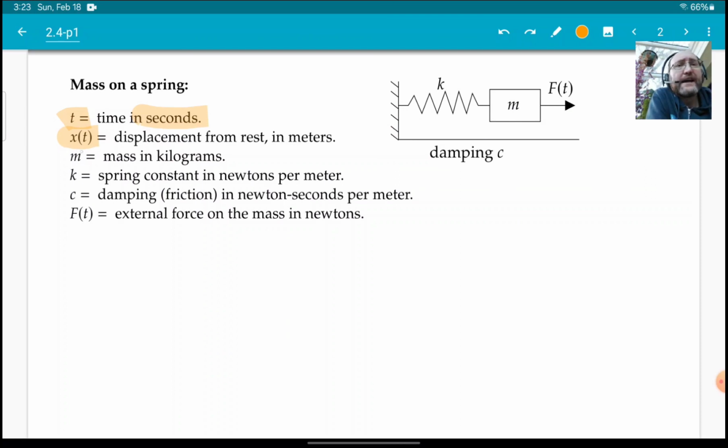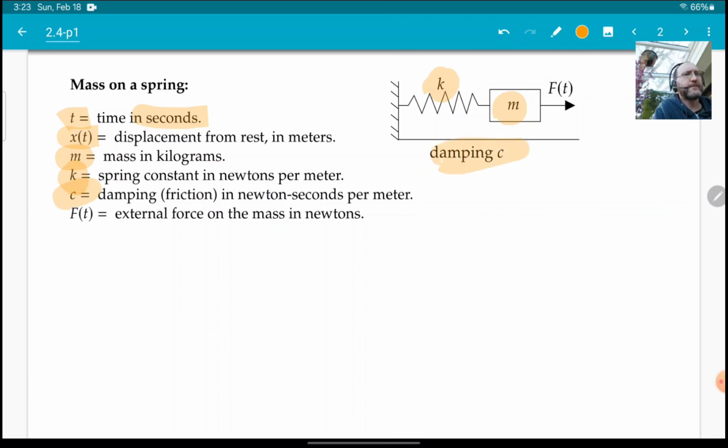Now, m, when we use it as a variable, that's the mass in kilograms. k, that's the spring constant. It's in newtons per meter. It's how you compress this. Like the more you compress it, the higher force it puts out, right? And c is the damping.